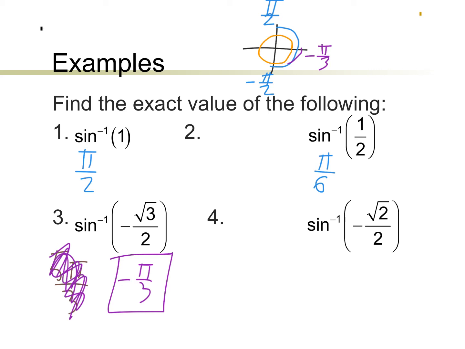All right, same sort of thing here for inverse sine of negative root 2 over 2. Negative root 2 over 2 occurs in two places. It occurs over here in quadrant 3 at 5 pi over 4. It occurs here in quadrant 4 at 7 pi over 4.